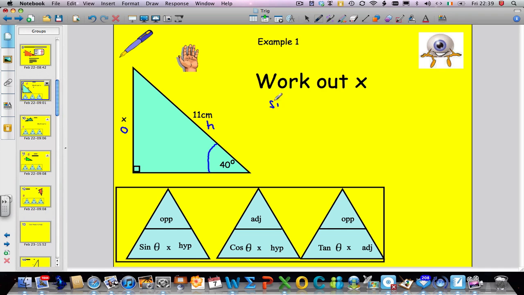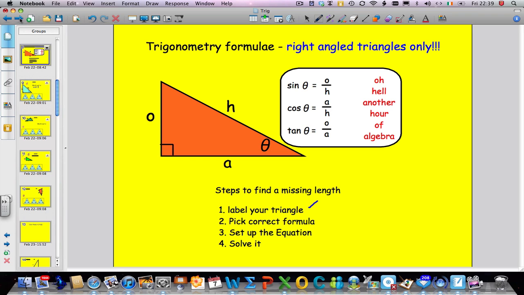I know that sine of the angle, or theta, so sine of 40 is equal to the opposite x over the hypotenuse, 11. So that's step two, pick my formula, and that's the equation set up as well.